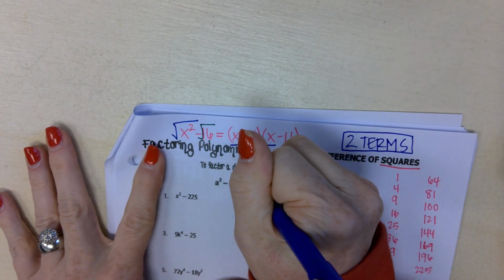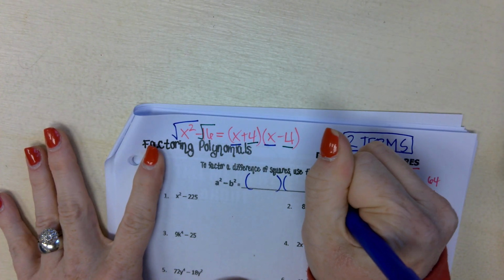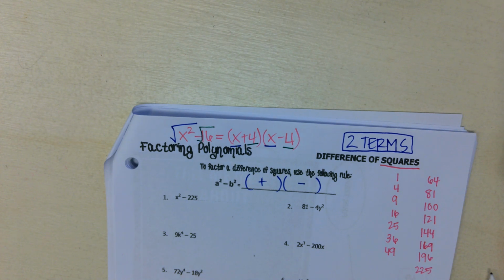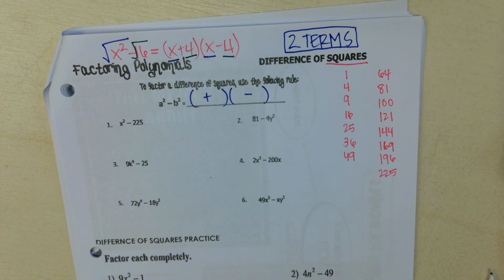In one set of parentheses, I have a plus sign, and in the other, I have a minus. So if I have a difference of squares, one's going to have a plus, one's going to have a minus, okay?